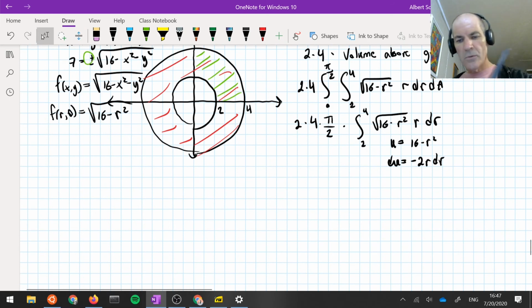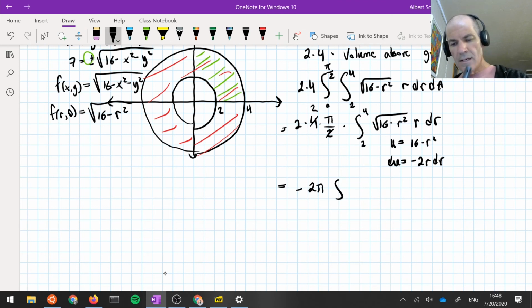So we're going to get, converting this, minus, we'll kill that 4 with that 2. We're going to use this 2 in the u substitution, and there's an overall minus sign. So what do we get? We get 2 pi times the integral of the square root of u du.